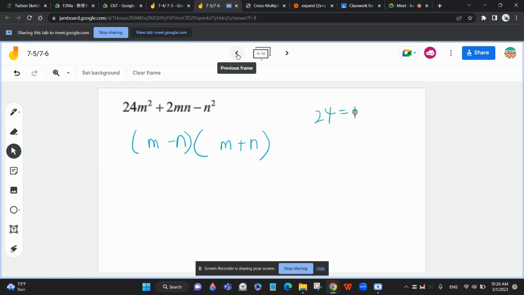So during this factorization, we usually would write out in an ascending order. So means that this is 1, 2, and then 3, 4.